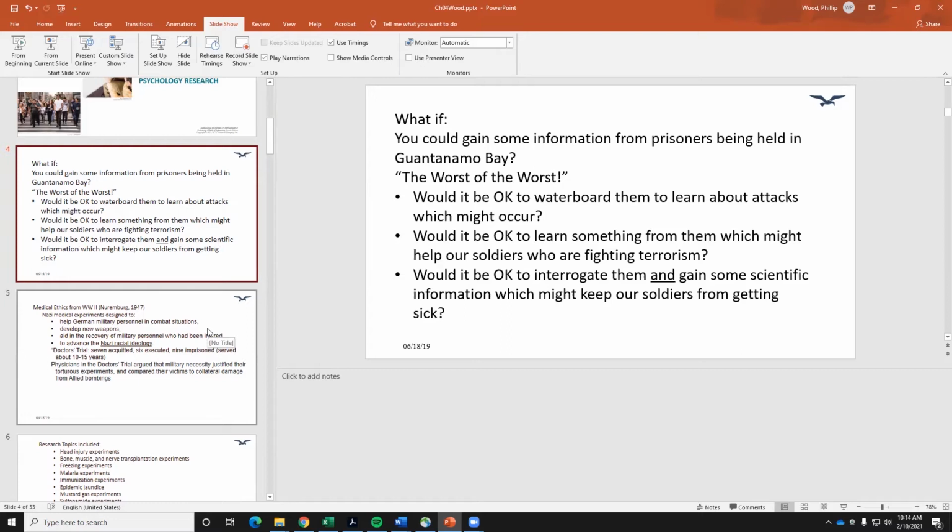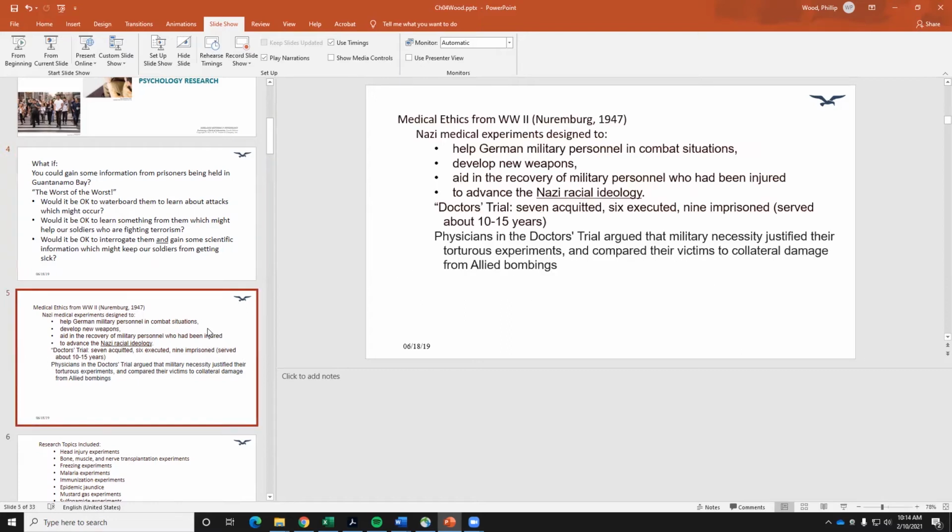This comes to us from World War II and medical ethics. Nazi medical experiments were designed to help German military personnel in combat. There were also experiments designed to help new weapons development. And they were also designed to help in the recovery of military personnel who got injured.